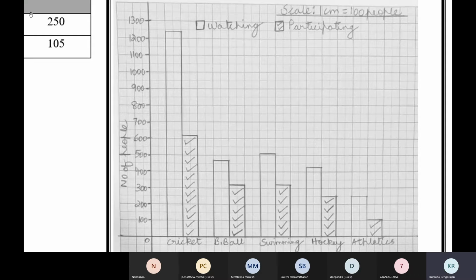So now if you want to find 105, where is 105? It is between 100 and 200, but where exactly? After 100 is 110.